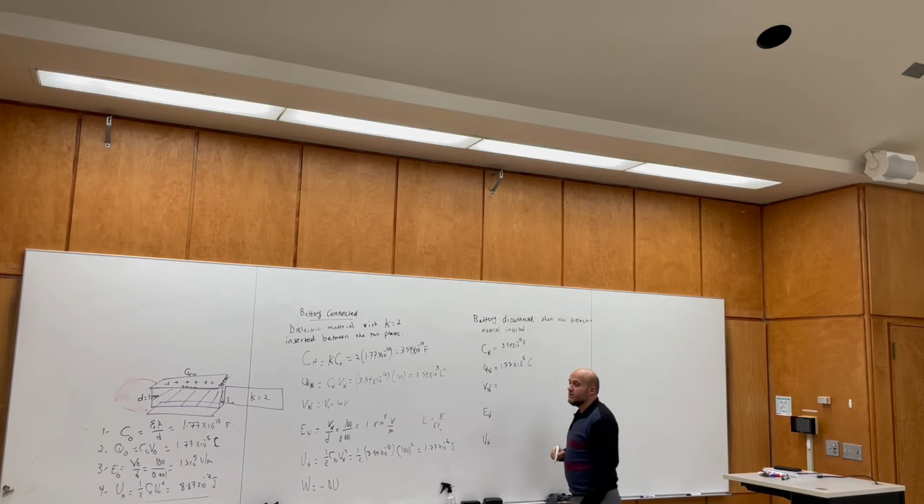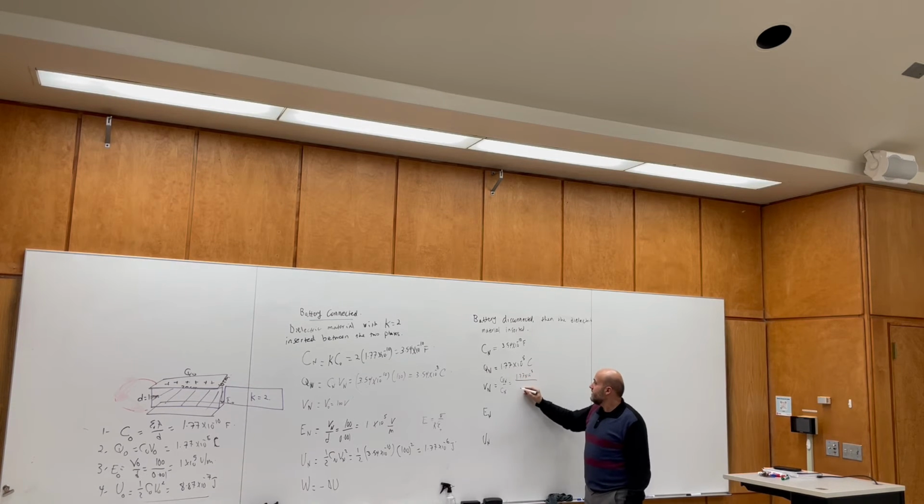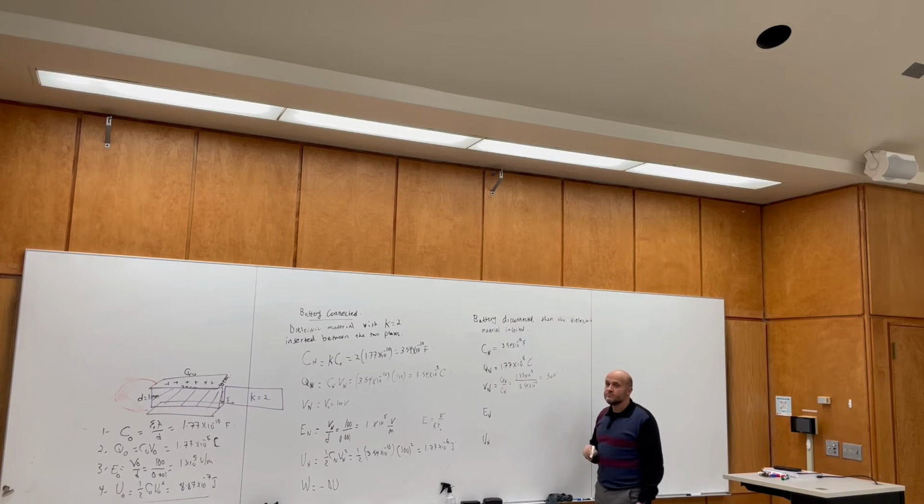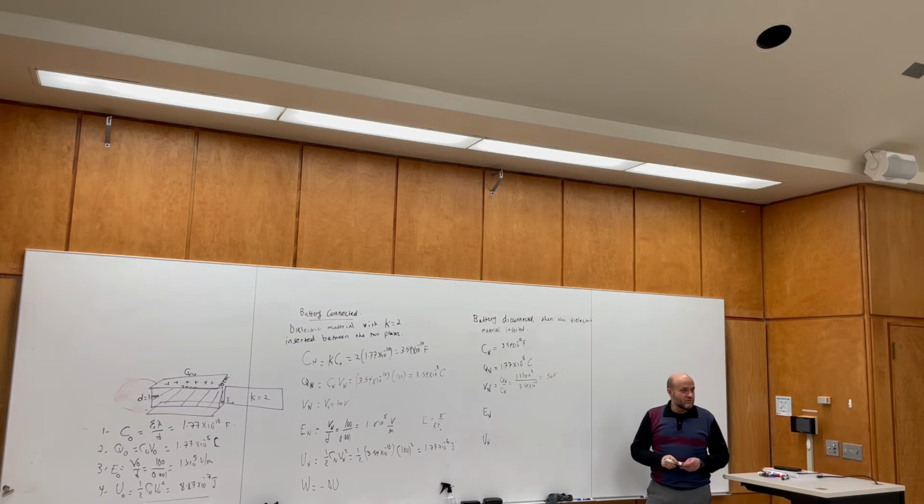Cool. And based on this, we can find V, which is Q nu over C nu. That is 1.77 times 10 to negative 8 over 3.54 times 10 to negative 10, and that will be 50. So it's going to be 50 volts.